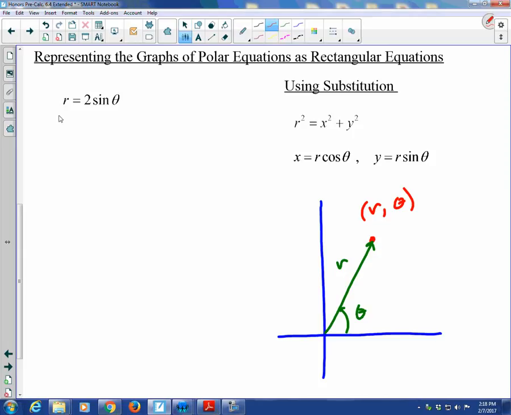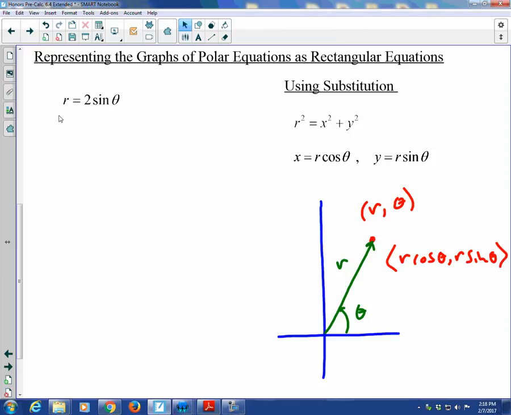So right here we can say that representing this in component form is going to give us a horizontal component of r cosine theta and a vertical component of r sine theta.